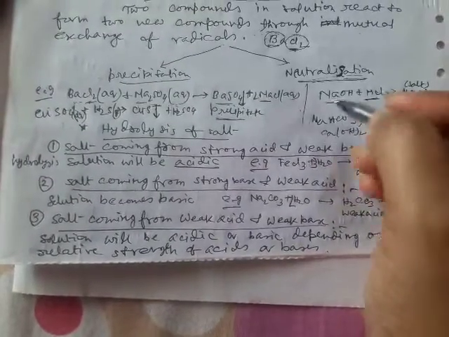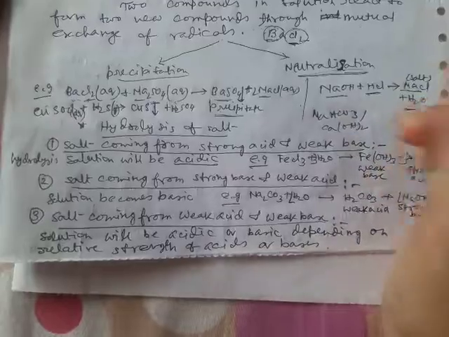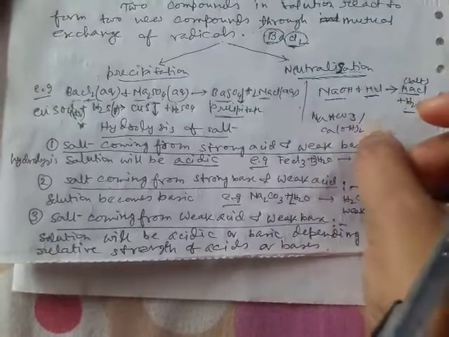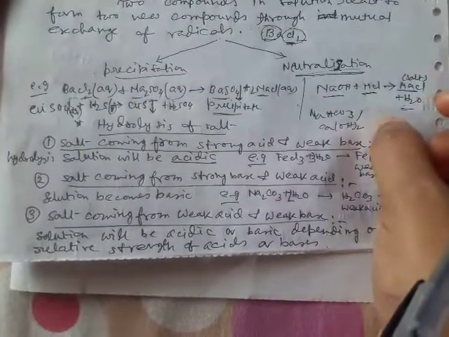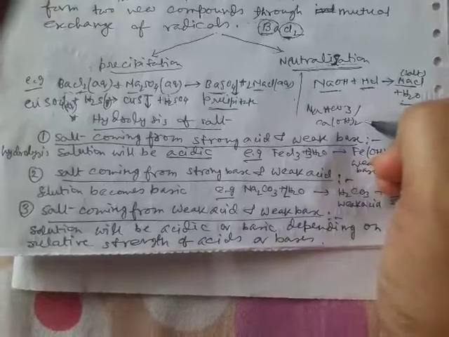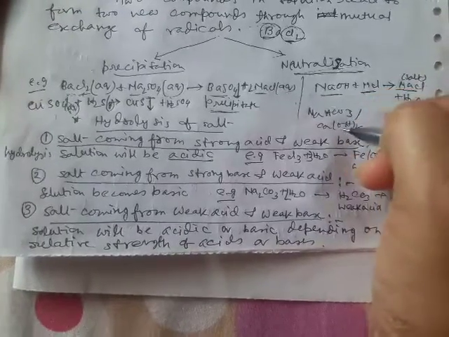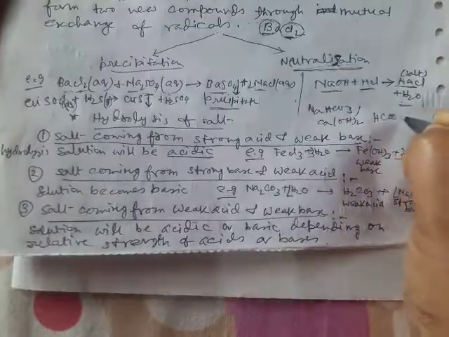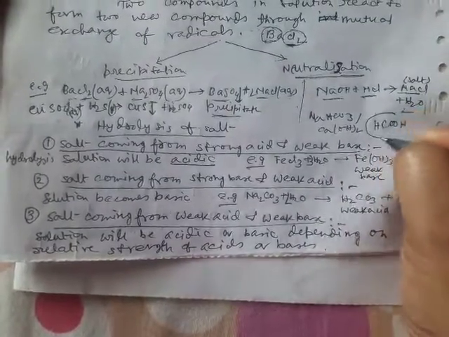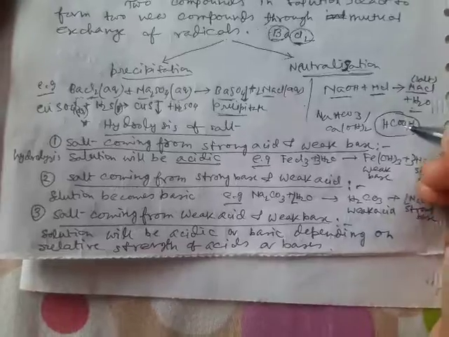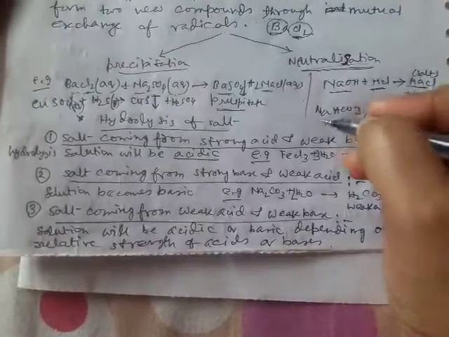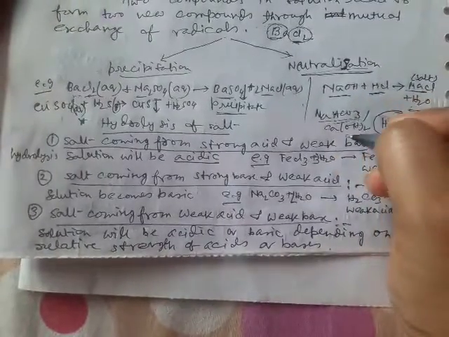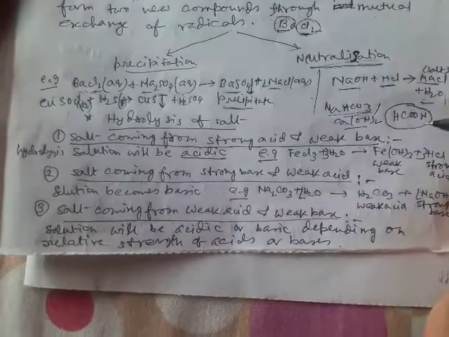These are alkaline substances. If the affected area is rubbed with these substances, then we can get relief from pain, as there will be a reaction between formic acid, whose formula is HCOOH, and the basic substance sodium bicarbonate or calcium hydroxide. So this is one type of neutralization reaction.